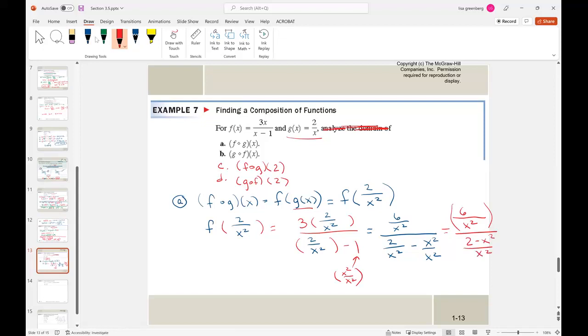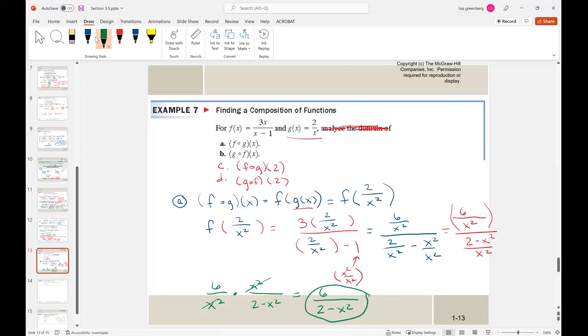And then I can do my keep, change, flip, which gives me 6 over X squared times X squared over 2 minus X squared, right? And my X squareds are going to cancel. And my final answer here would be 6 over 2 minus X squared.